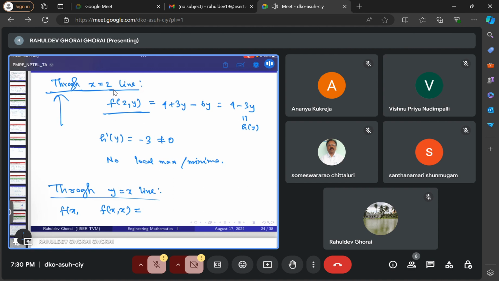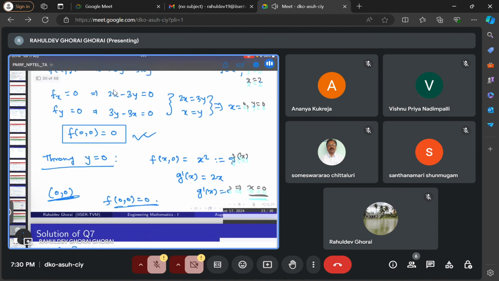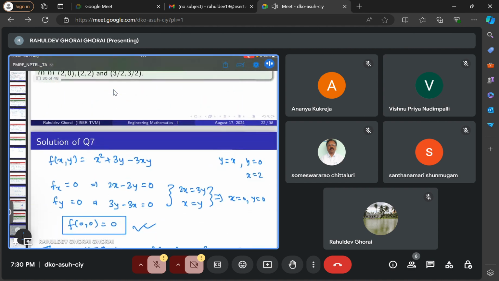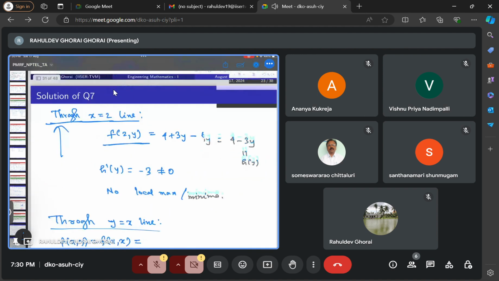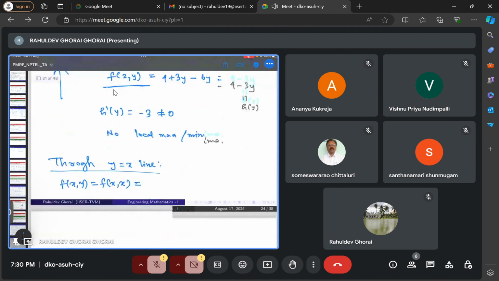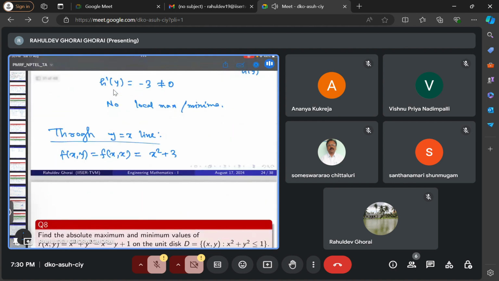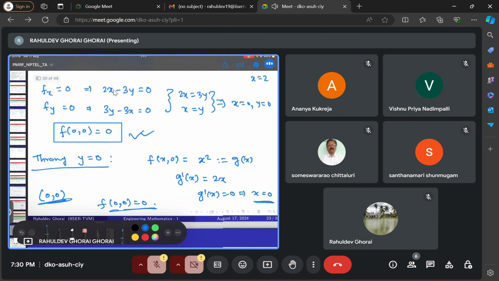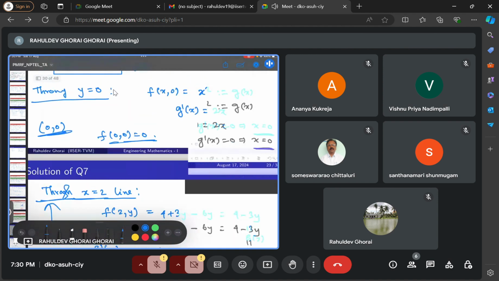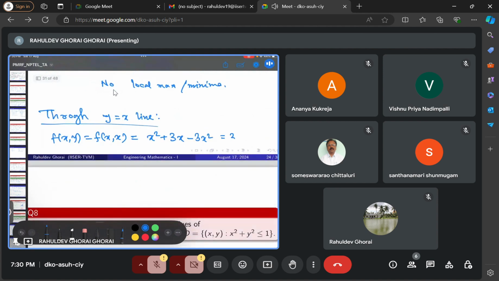That is nothing but x square plus 3x minus 3x square, which is nothing but 3x minus 2x square. So that is nothing but a function g of x, which is 3x minus 2x square.